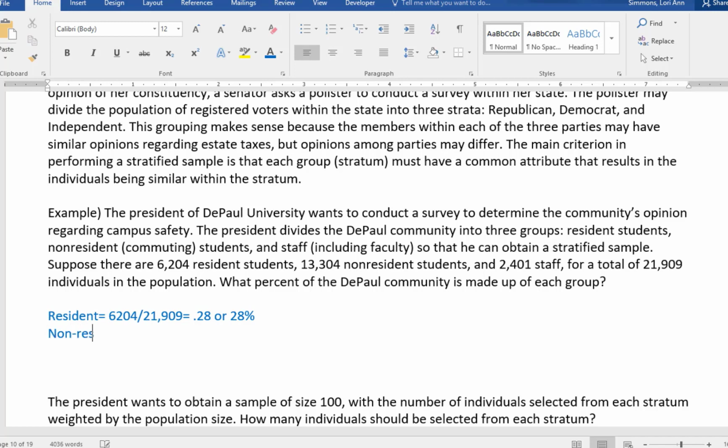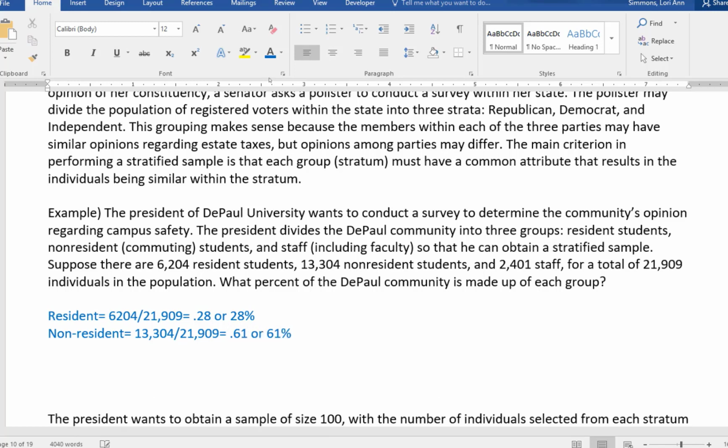A non-resident would be 13,304 divided by 21,909, giving us 0.61 or 61%. And then staff, giving us 0.11 or 11%.